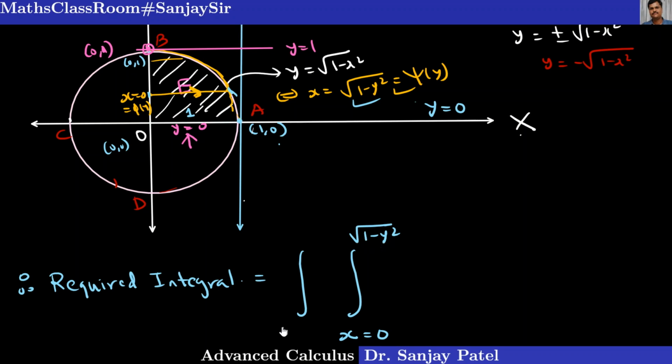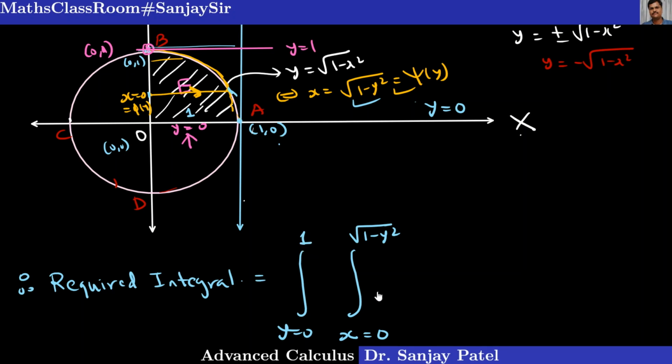And limits of y are always constants. It is the last variable with respect to which we are integrating, and those constants we obtained when we enter the region: the minimum value of y is 0, and when you come out of the region, the maximum value of y is 1.